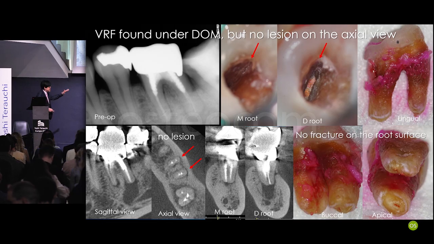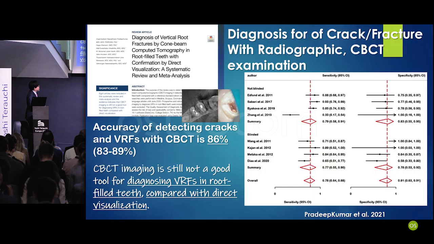So since this case, I have been very careful. Whenever I see no lesion associated with a crack, even if I see the cracks under the microscope inside the root, I decide not to extract the tooth. But of course, I let my patient know you have a crack, but it's not necessary to extract the tooth.